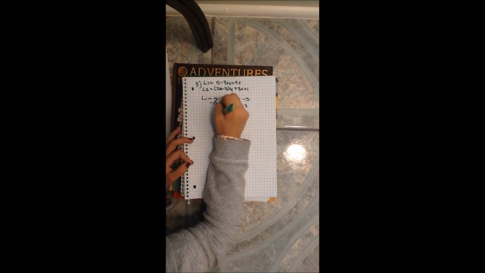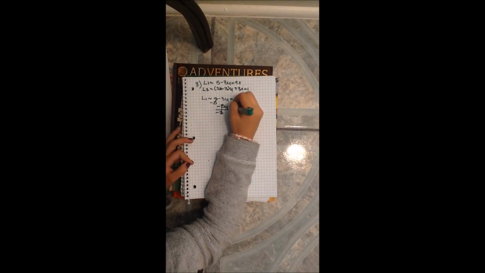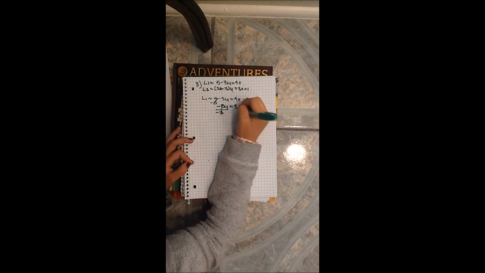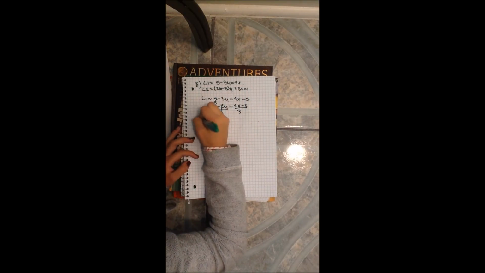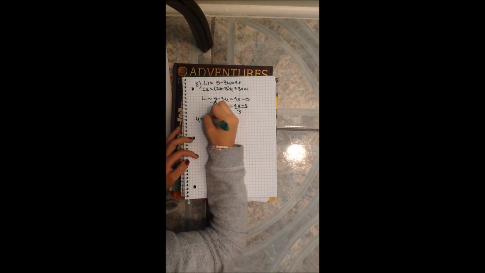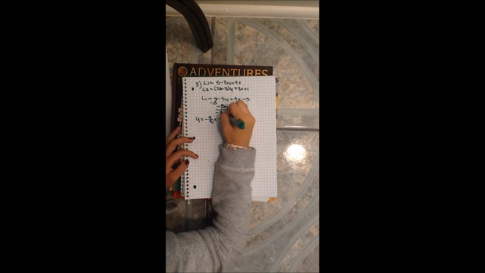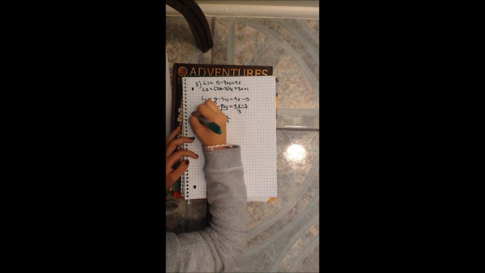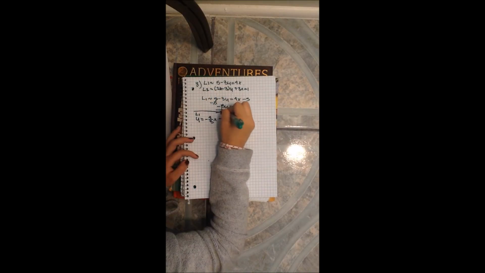Divide this by negative 3, and this by negative 3 as well, so it would be y equals negative 4 over 3x minus 5 over 3. And this would be my line 1.